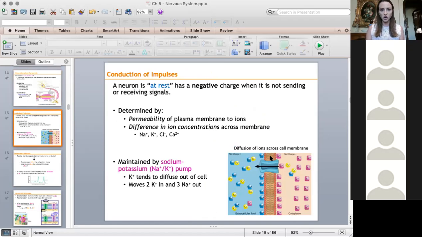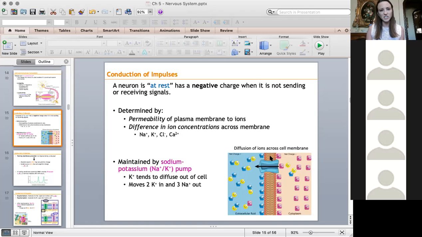Here we can talk about the most important points for understanding the action potential. First, we have to understand that at rest, when a neuron is not active, with no movement, no activity, and no signals being conducted, that neuron has a negative charge. We also know that when we are not at rest, that charge is going to change and become more positive.